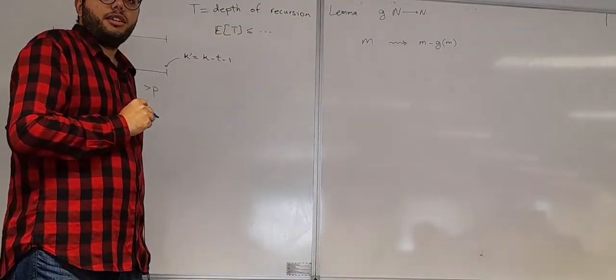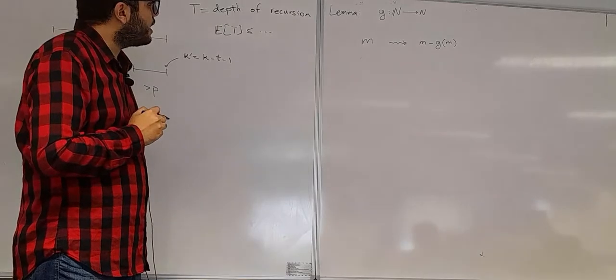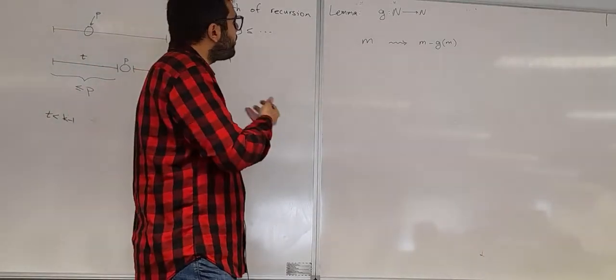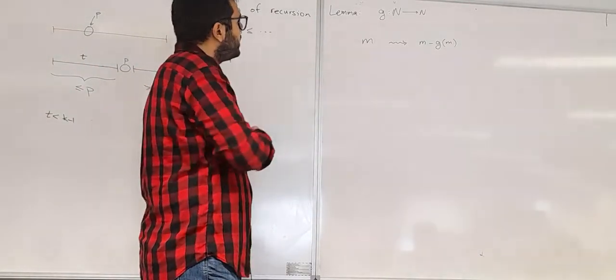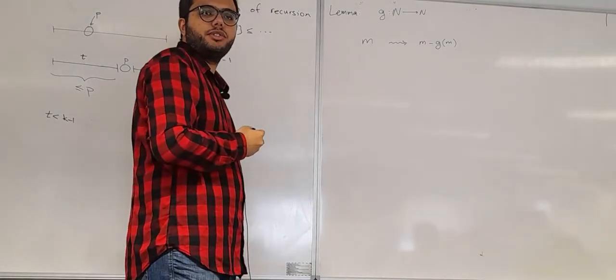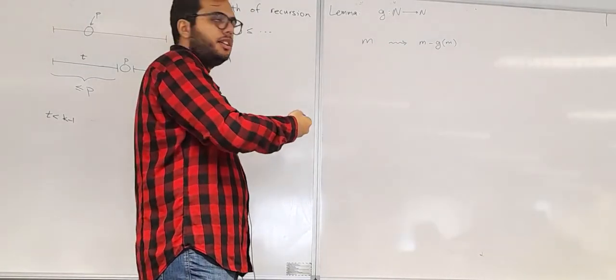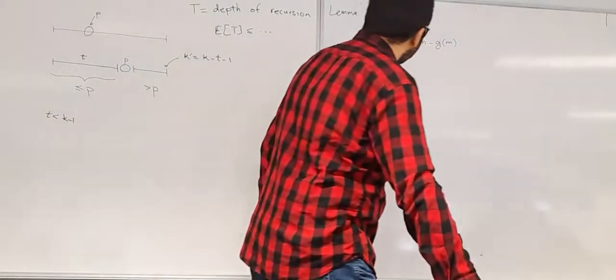So I just want to have some measure of how fast my instance size decreases. So g of m is the decrease if my instance is of size m.